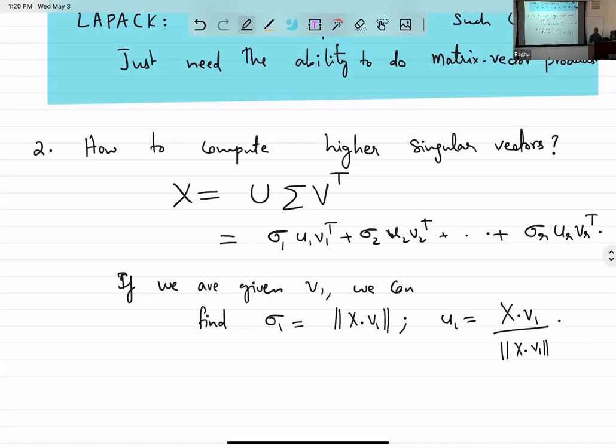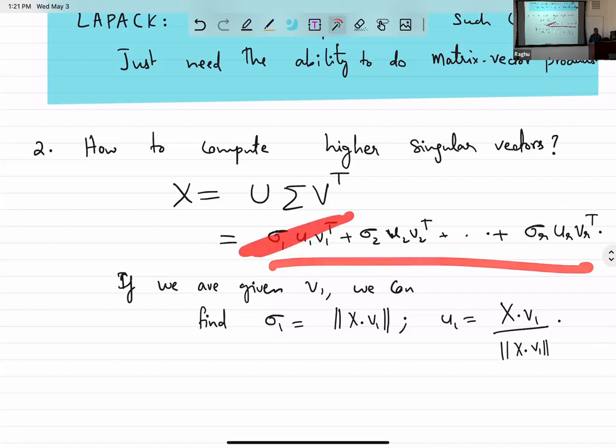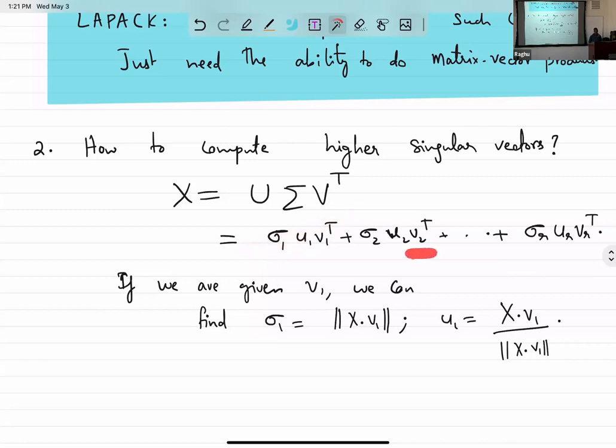How can you find the second singular vector now? What's one natural thing you can do? You can just subtract, right? If this is your representation, if I remove this, what's the first singular vector of the remaining matrix? It's going to be V2. These are all in decreasing order. If I knock this out, what's remaining?